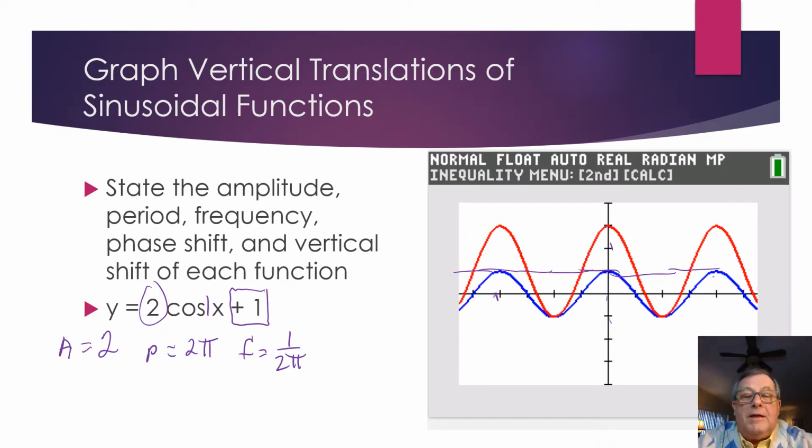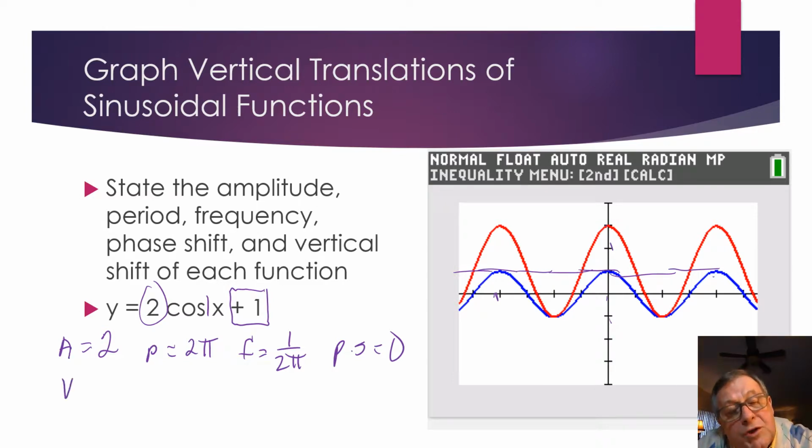Phase shift. There is no horizontal translation in here. There's no phase shift because I don't have this cosine of x, in parentheses, x plus or minus something. So our phase shift is equal to 0. There is no phase shift. And lastly, we've got the vertical shift.